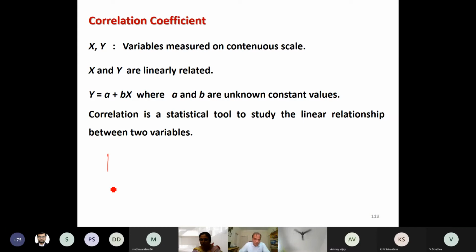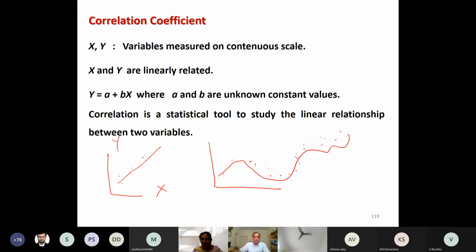What do I mean? Suppose you get data on some x and y variables, some paired observations, and you use the plot command to make a plot like this one, where you can see that the data is really non-linear, it is not following a linear trend. Here there is a linear trend, but in this case the trend is like this one.